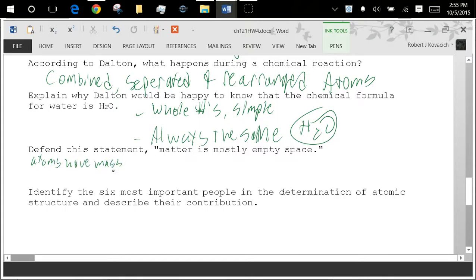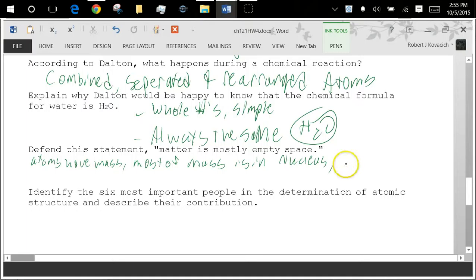Okay, so the atoms have mass. We okay with that? Most of the mass is where? Most of the mass is in the nucleus.